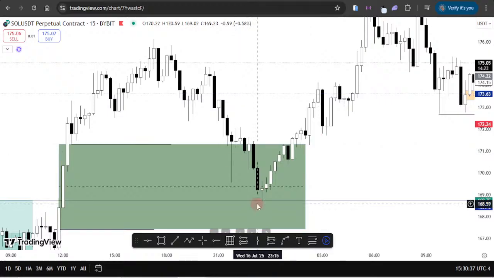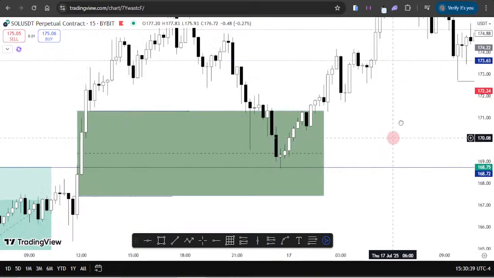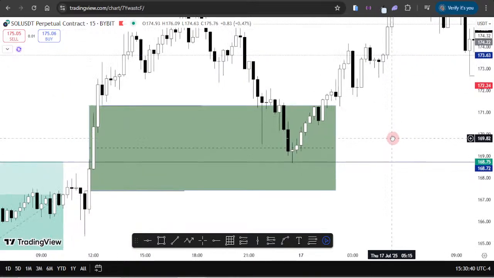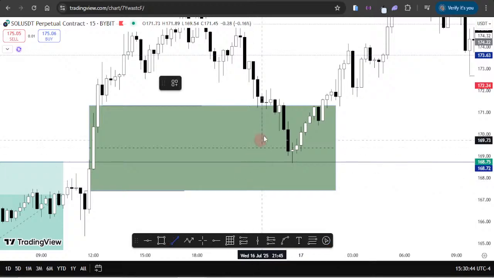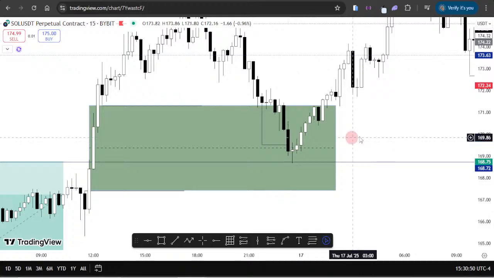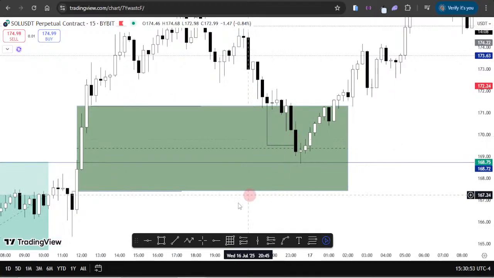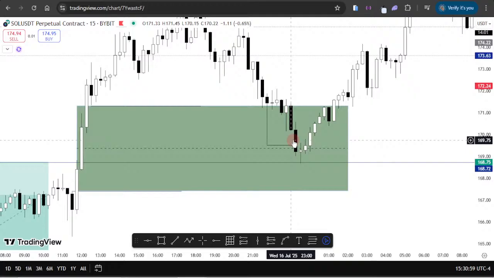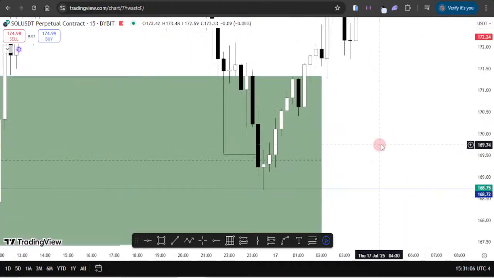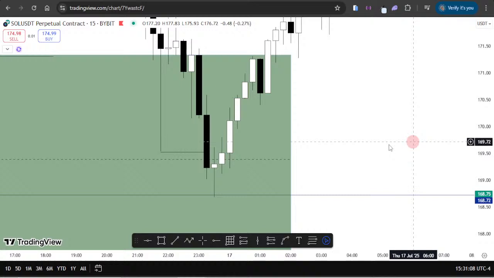What else do we see here? What else do we see? As usual, there was a sweep of liquidity here. Inversion fair value gap. During the process of this sweep of liquidity, there was a fair value gap formed.